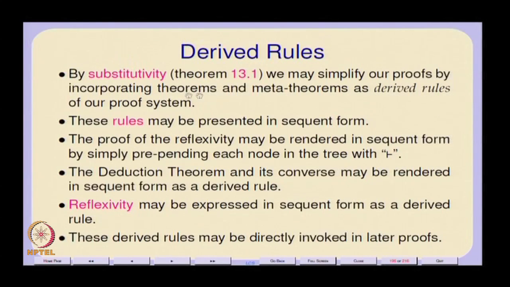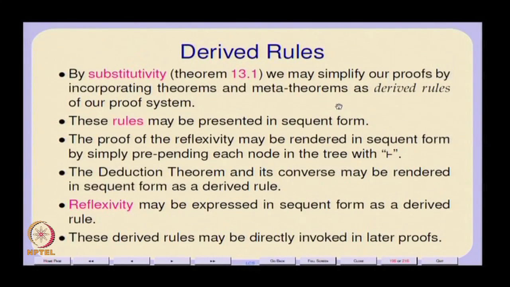So, we can have derived rules, and of course, all these lemmas and theorems that we are going to use have their own set of assumptions. So, a sequent form for these derived rules is the most suitable thing. Then you can clearly understand whether that lemma is applicable in the current scenario in a proof that you are doing or not, and that will become clear from the assumptions.